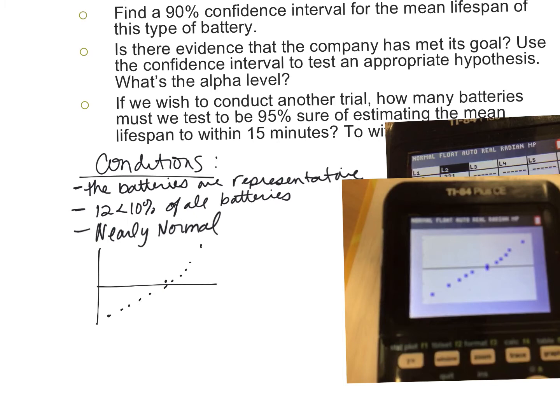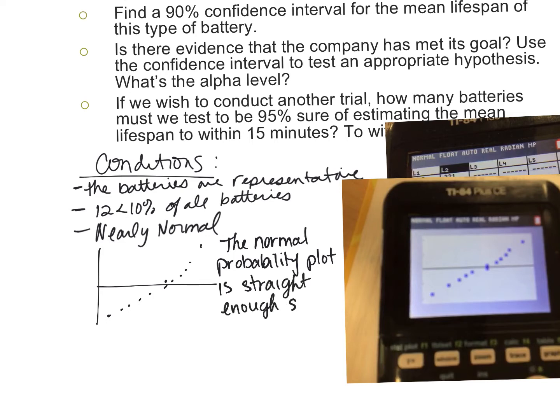Okay, it's straight enough. So we say the normal probability plot, if it's straight enough, the data is nearly normal.